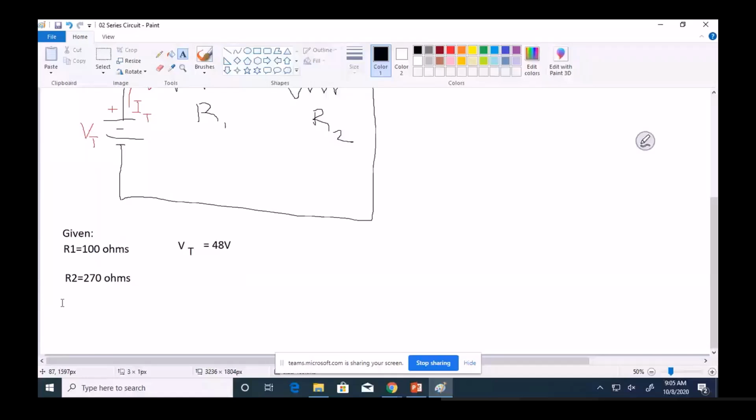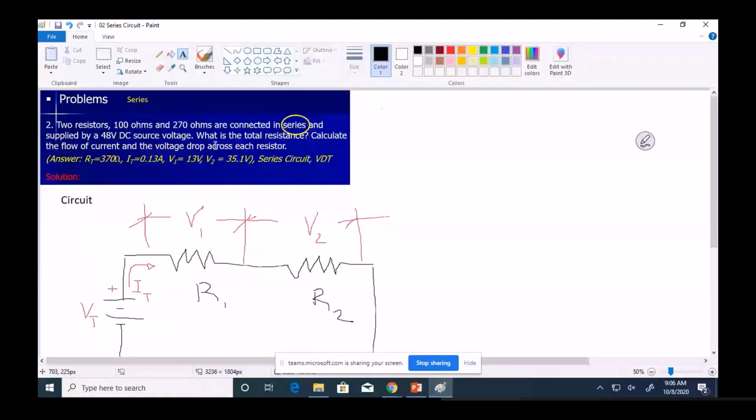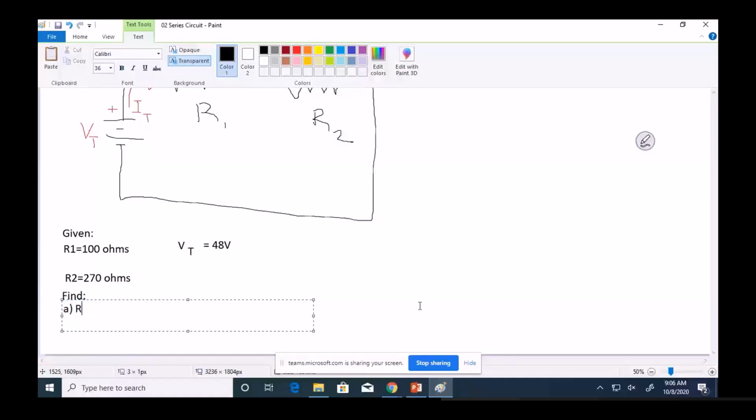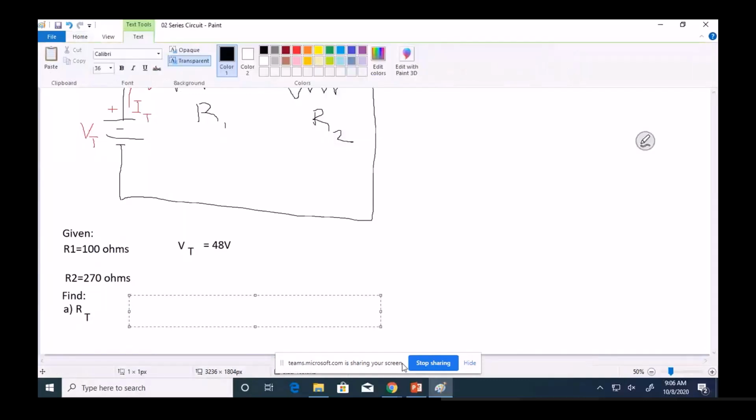The next question is, what are you asked to find? What is the total resistance? That's the first question, A: R total. Then B, calculate the flow of current.